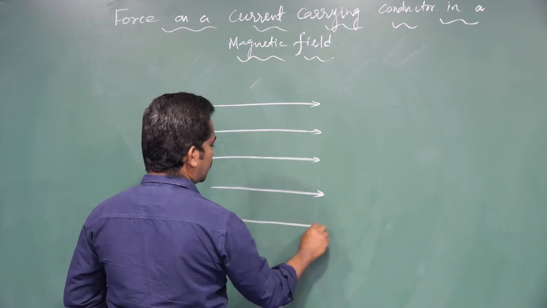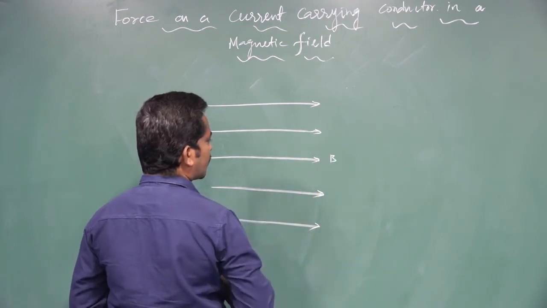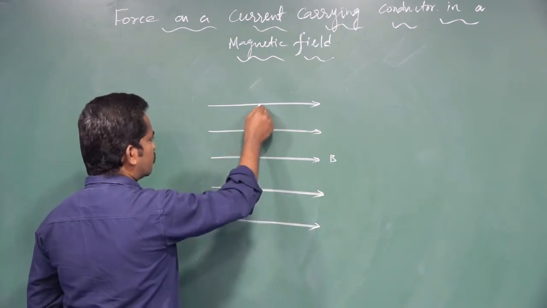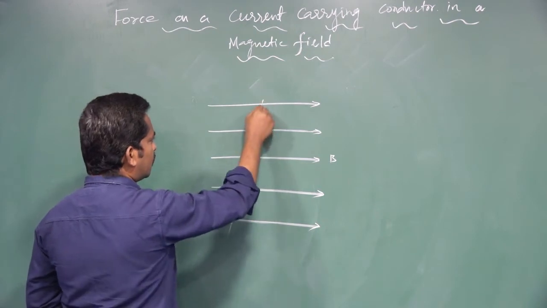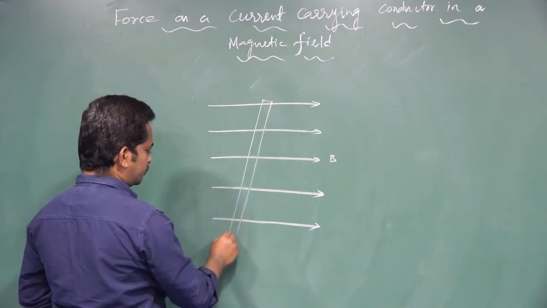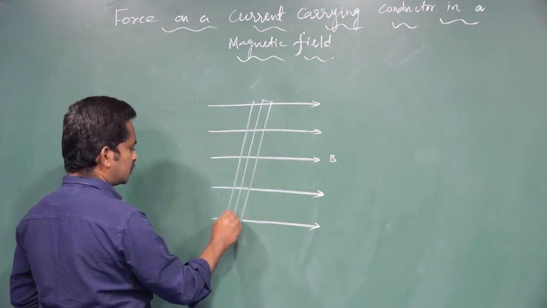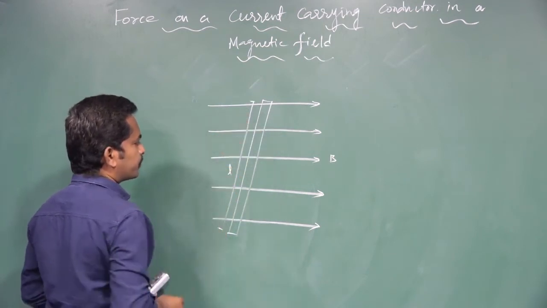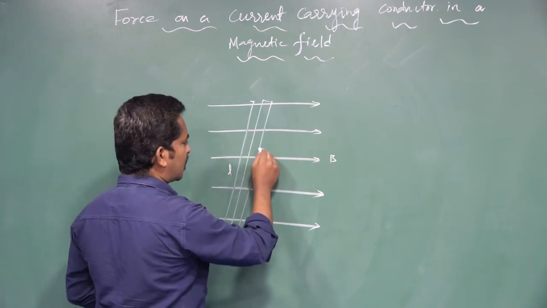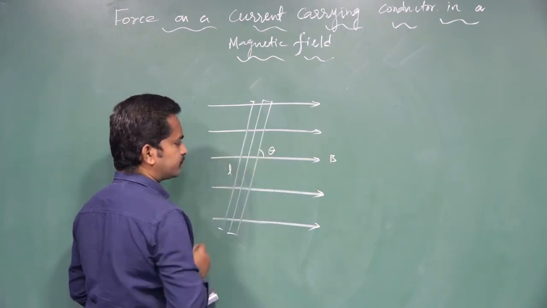This is the uniform magnetic field B. When the conductor is placed in a uniform magnetic field, the length of the conductor is L. The angle between the conductor and the magnetic field is theta.